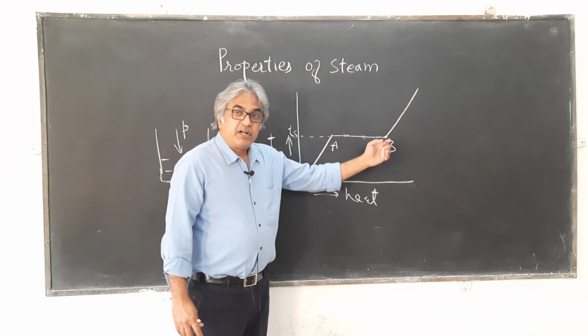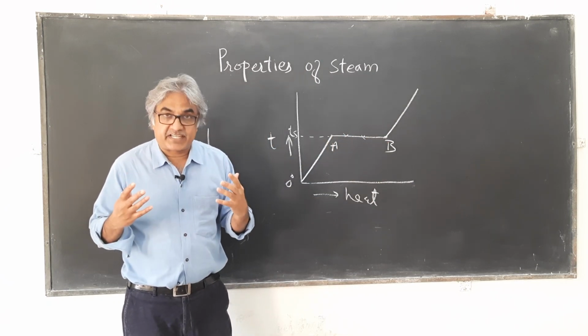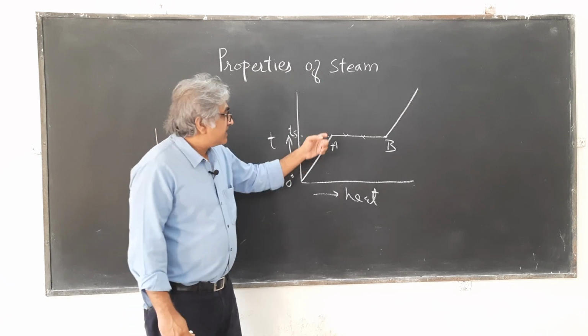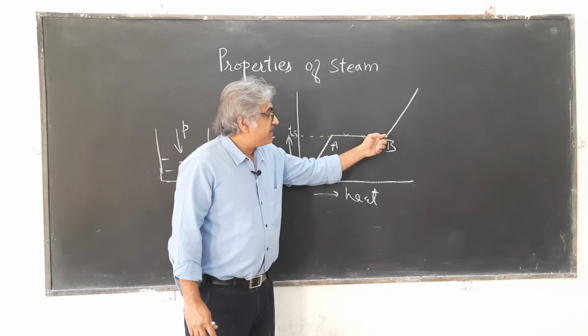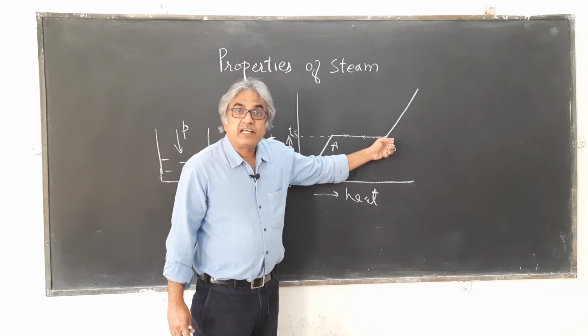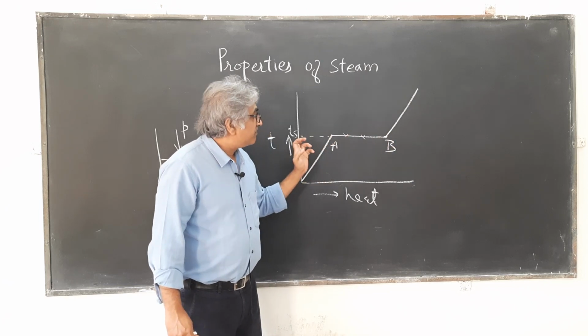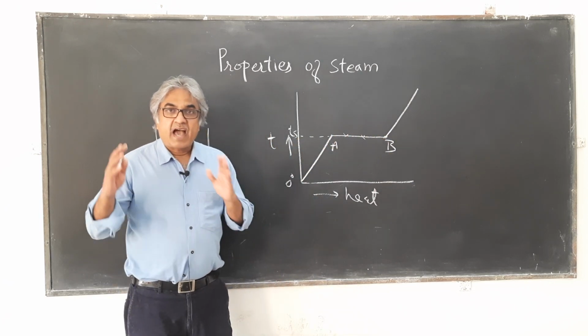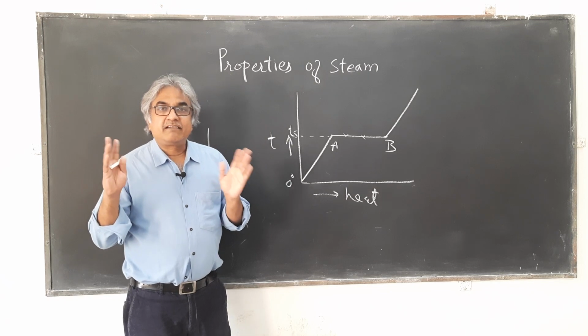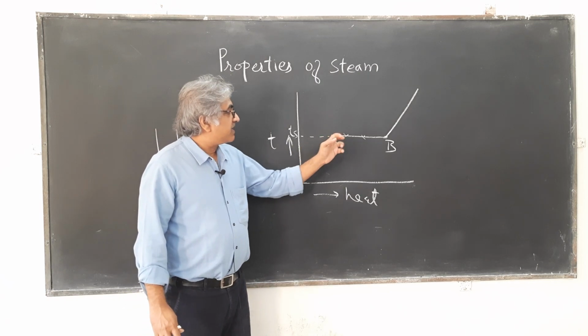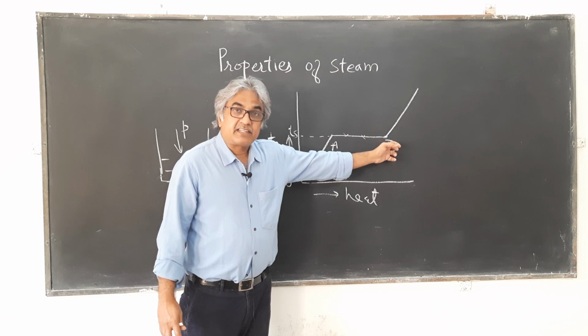So at any point in between the steam is wet. This horizontal line has three conditions: saturated liquid, wet steam, and dry saturated steam.